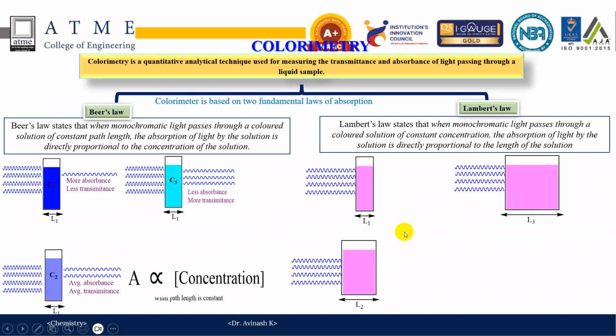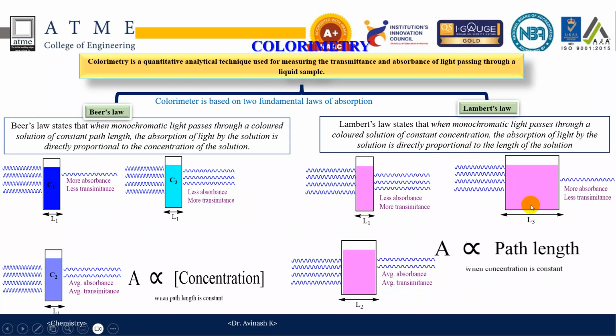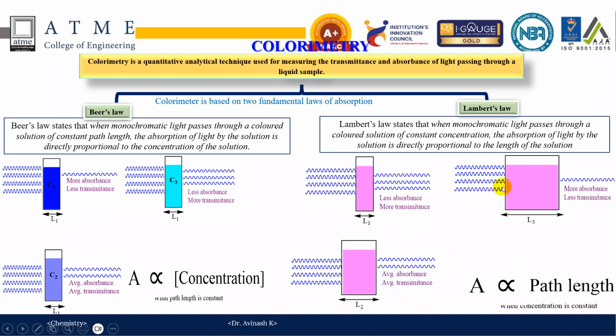When you pass a monochromatic light through this solution, the one which is having the lower path length tends to provide less absorbance with more transmittance, whereas the one which is having the higher path length shows more absorbance with less transmittance. Hence, according to Lambert's law, absorbance is directly proportional to the path length.